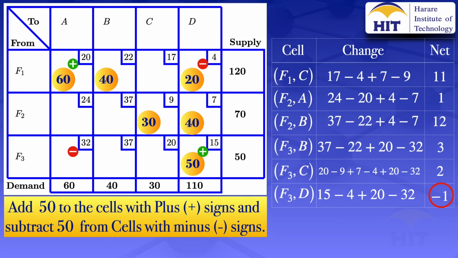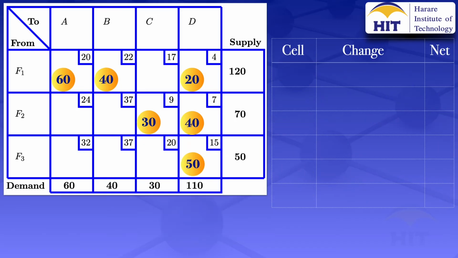And then we are done with the allocation. So the new table will look like this. Here's allocation 60, 40, 20, 30, 40, 50, just because the other allocations remain as they are. The only changes were where we had the positive and negative on the closed path.